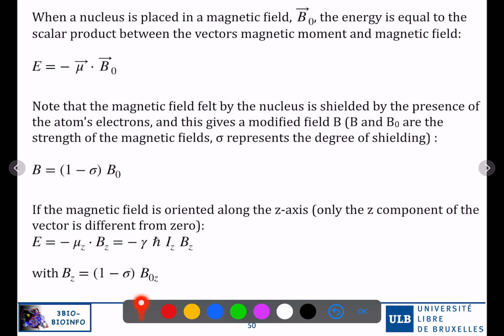So you see that the energy level is dependent on the intensity of the magnetic field in which you placed the nucleus.